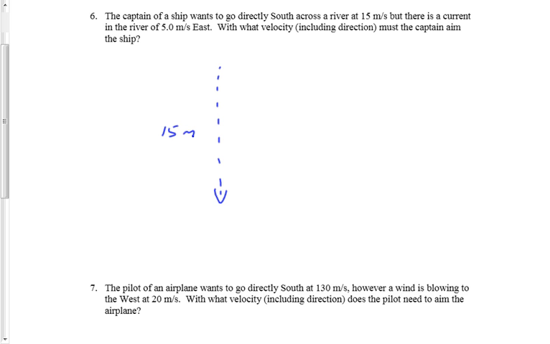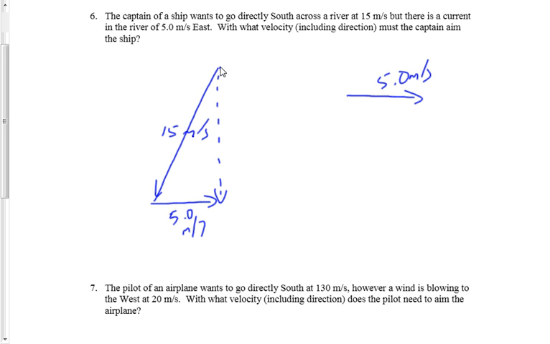But there's a river current of 5 meters per second to the east. That's a solid line vector. Where do I draw that solid line vector? Remember when you've got a river current and a dotted line, you want those two to be front to front. So let's draw that over here. My third vector is right there.